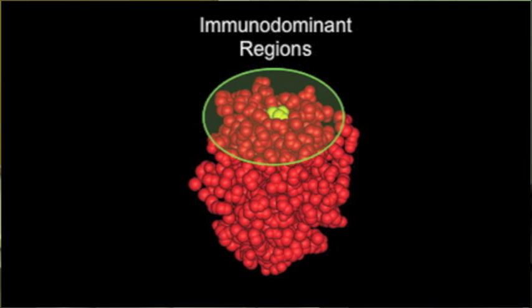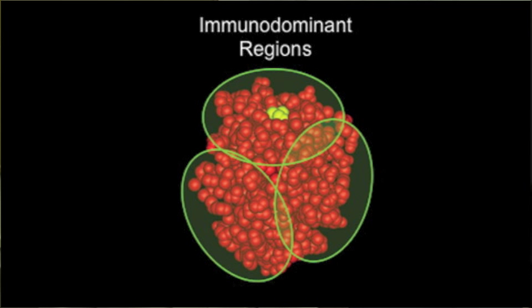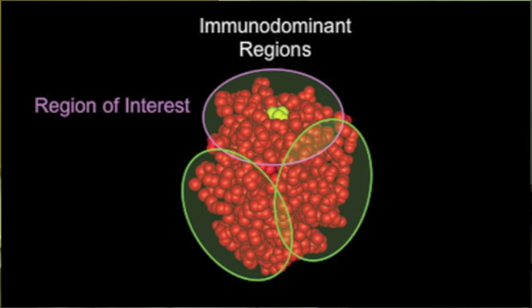The immune system focuses antibody development on a limited number of regions of the protein. Say 3 or 4 or 5 regions are immunodominant. And so if the region that you're interested in is not one of these immunodominant regions, then you can continue to immunize over and over again, but there is a possibility that you will not get the antibodies that you're interested in.